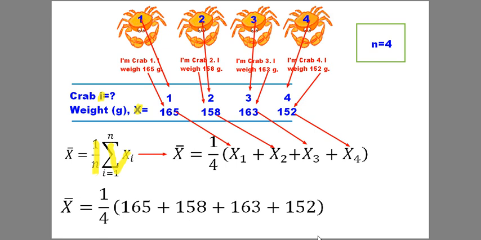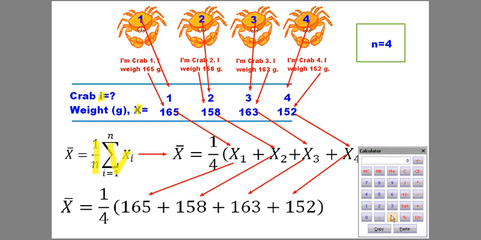And that gives us a formula that looks like this, where these are just transferred into their appropriate places. The formula itself is just, as I said, telling us to add up the observations and divide by however many there are. So let's do just that.